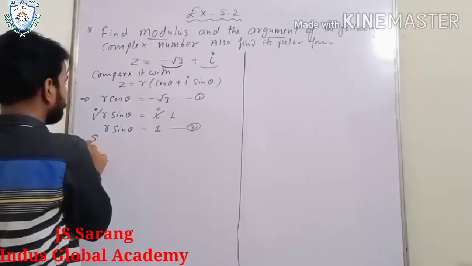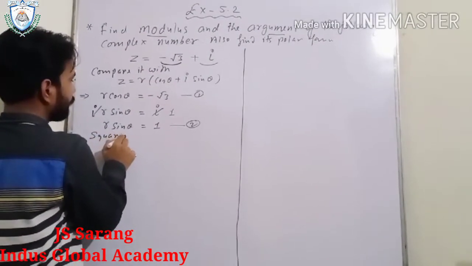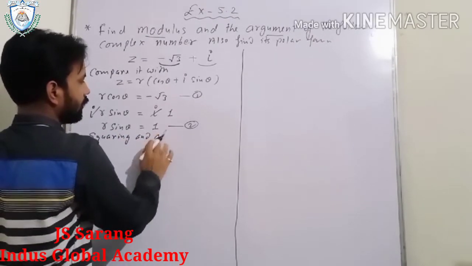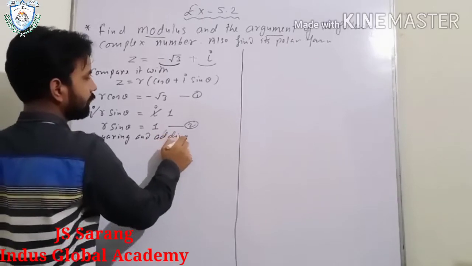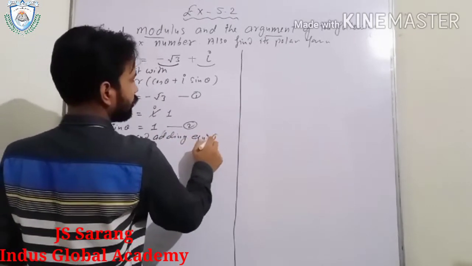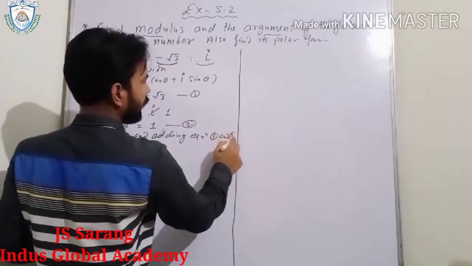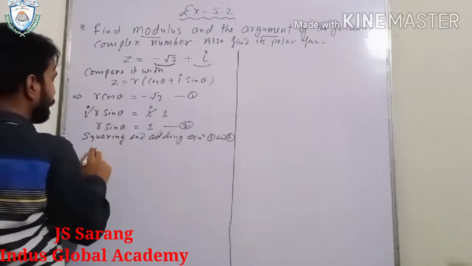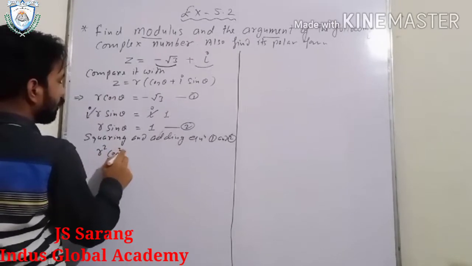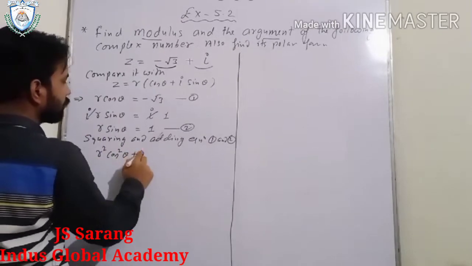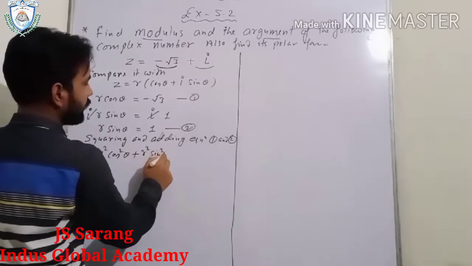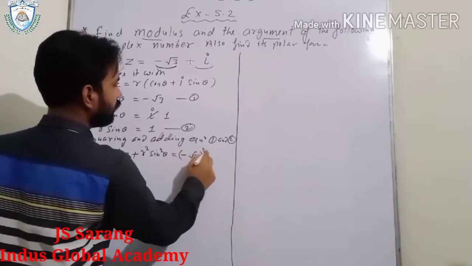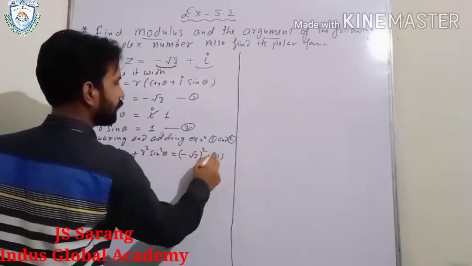So, squaring and adding equations 1 and 2, we get r square cos square theta plus r square sin square theta equals minus under root 3 whole square plus 1 square.